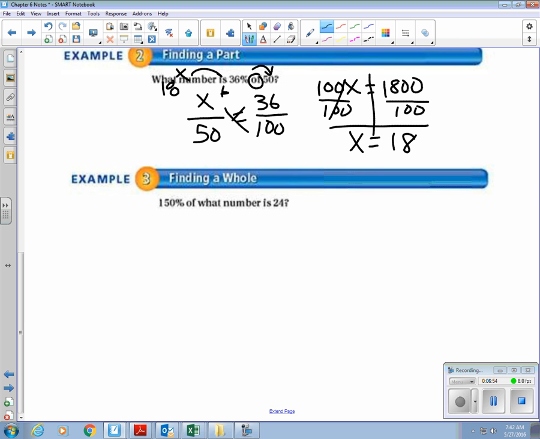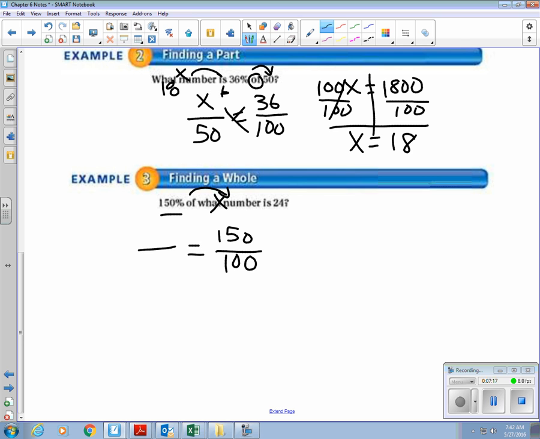So I see the percent right here. So automatically setting up my proportion, that 150% goes in the top of our one ratio, our percent ratio. Of what number? You'll see that "of" is connected to what number? Remember, "of" or "is" is never connected to the percent. So "of" is connected to what number? So that means that's what we're looking for.